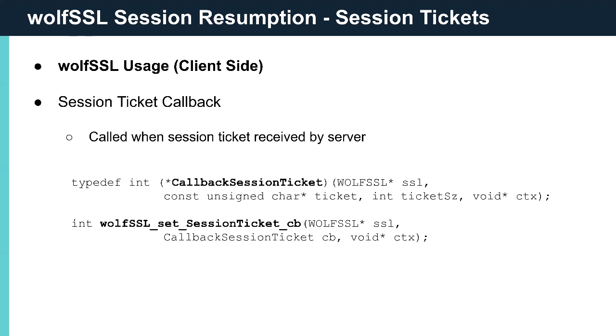There's a session ticket callback. This is called when the session ticket is received from the server. It essentially gives you the byte array of the ticket with the corresponding size. That allows you to choose to write it out somewhere or do something special with it, depending on your application's use. To set that callback, you'd call wolfSSL_set_SessionTicket_cb.